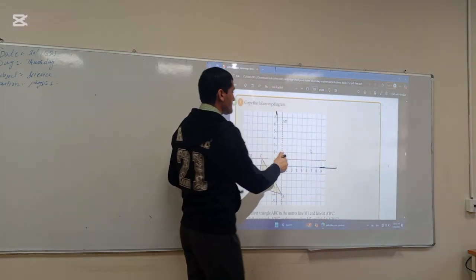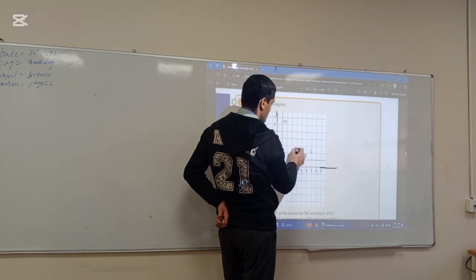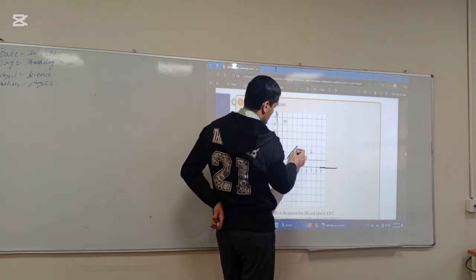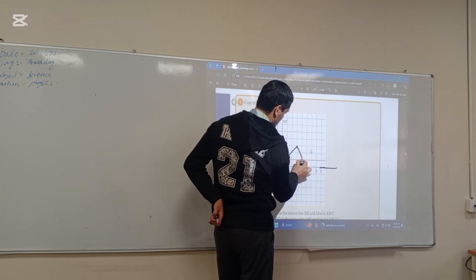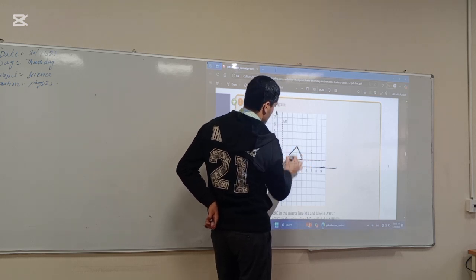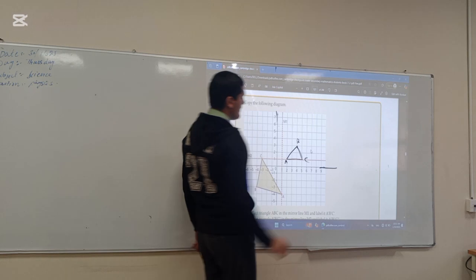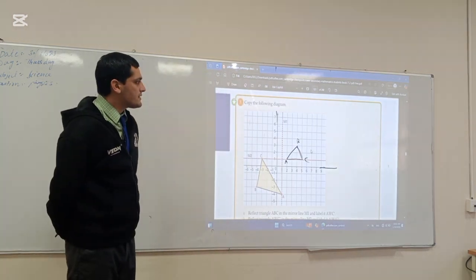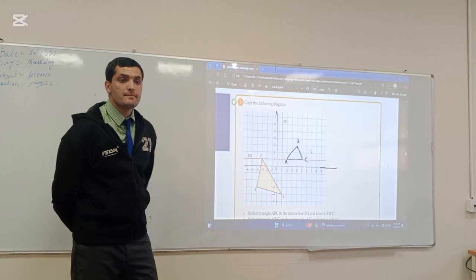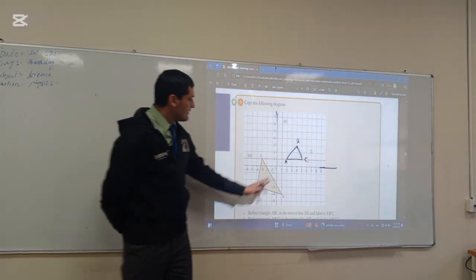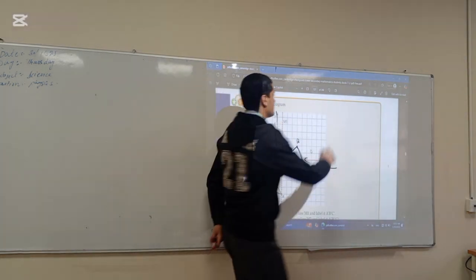Look here. This is again a triangle. This is A, B, and C. Can anyone please tell me the coordinates of A? Yeah, 2 and 1. Great.